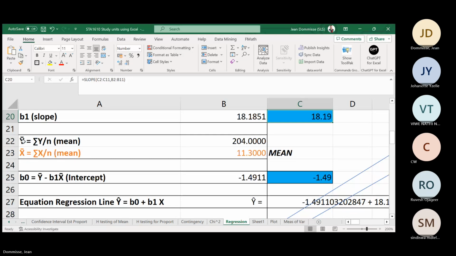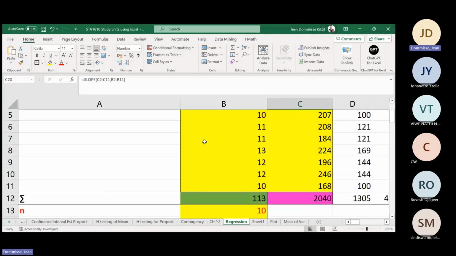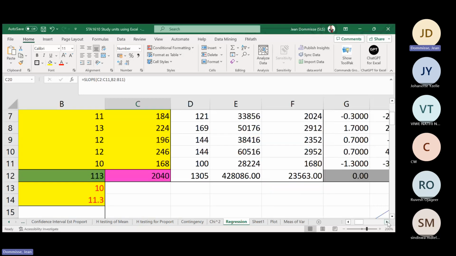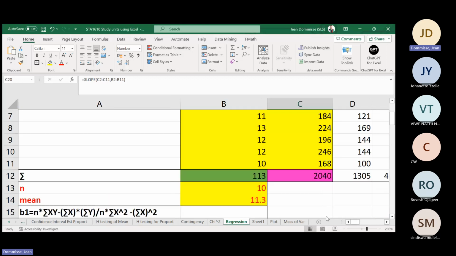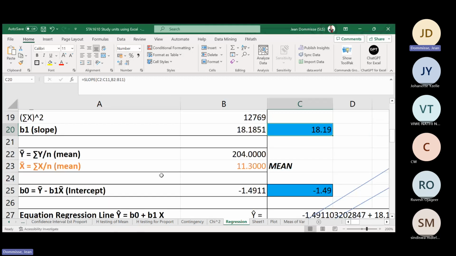Again, there's your mean values. It is all in this part, so your mean values come out of this. It's all in the formulas at the top.